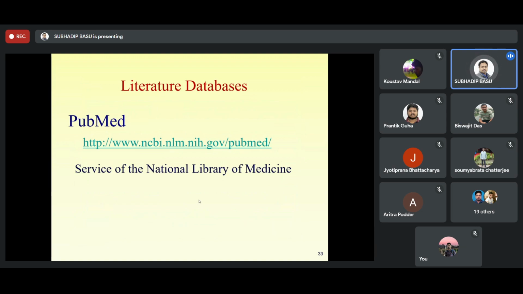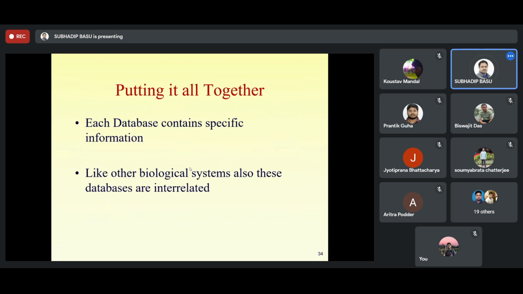So for every journal publication there is a PubMed ID. Medical publications are given a PubMed ID, and that PubMed ID is associated with that result. So you can find which people are responsible for this result, who invented this and who worked on that.